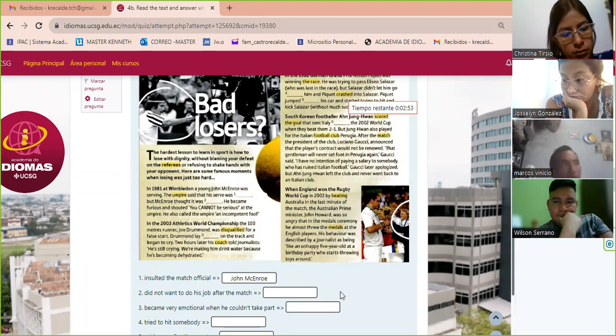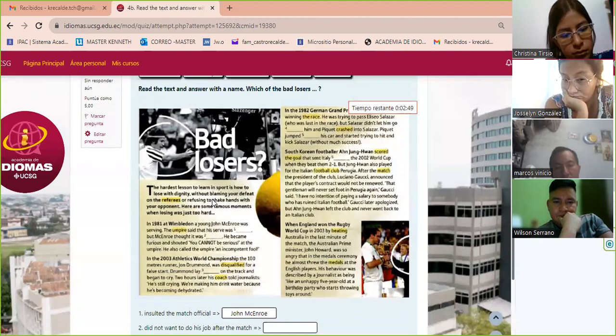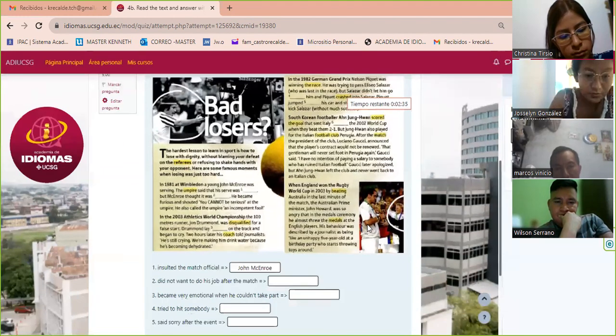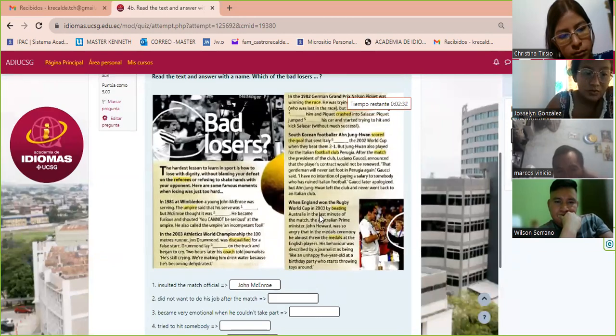Thank you, sweetie. Okay. Don't pay attention to the lines that are missing some words. We're going to find out later. But let's try to find, according to the people we mentioned. Okay, insulted the match official. We have John McEnroe. Okay, didn't want to do his job after the match. Who was that person? Who didn't want to do his job?